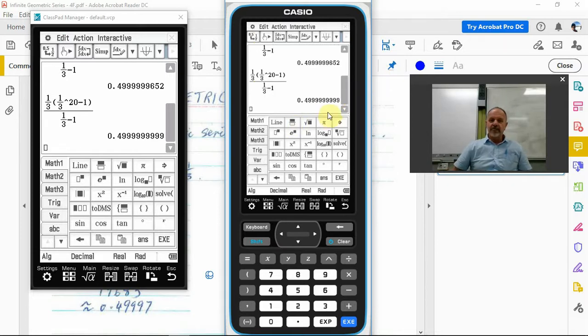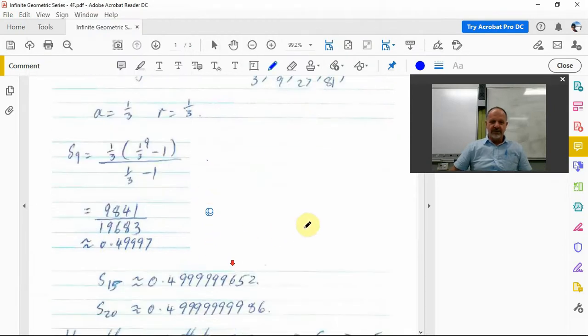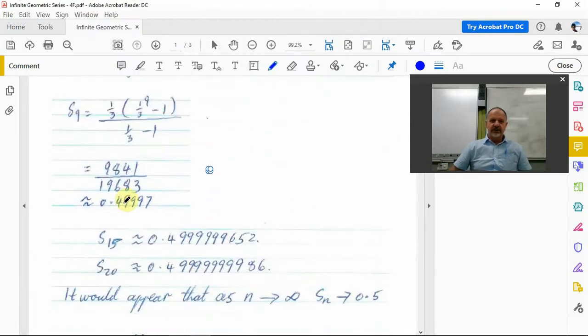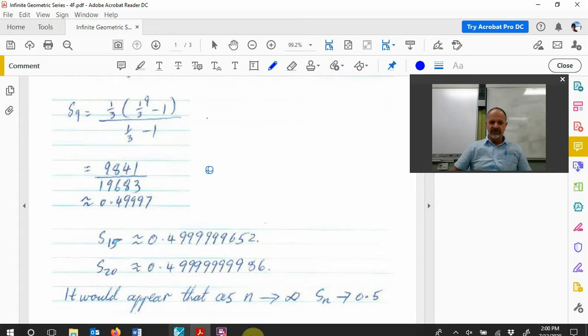All right, so when you look at those sums to 15 and to 20, so we've got sum to 9, sum to 15, sum to 20. As it appears, as n gets bigger, goes towards infinity, the sum is heading towards 0.5.